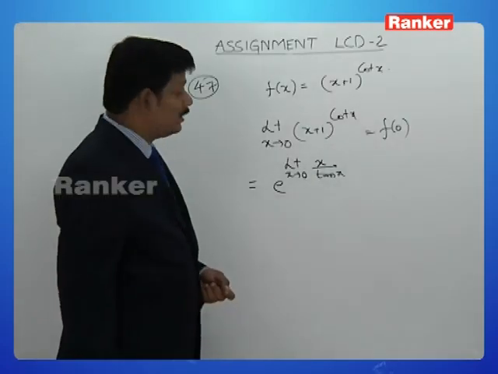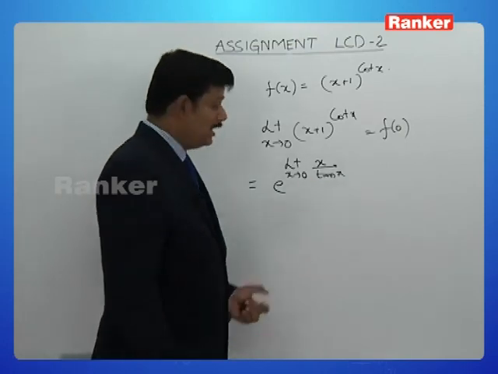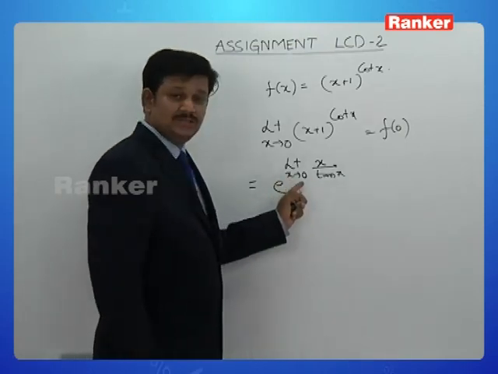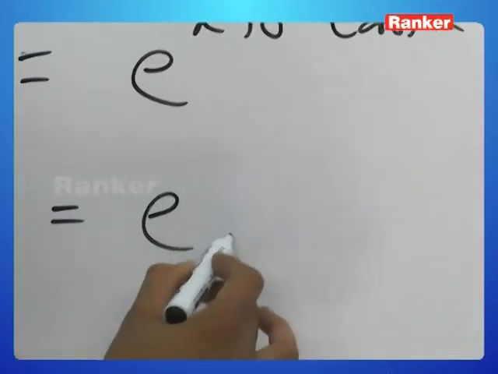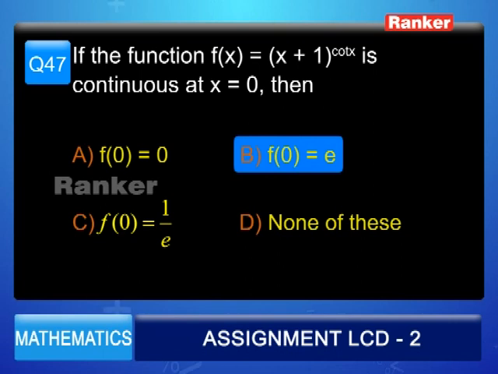Instead of multiplying by cot x, we can divide by tan x. And this is an elementary limit, limit x tending to 0 of x by tan x is 1. So, our answer is e, which is option B.